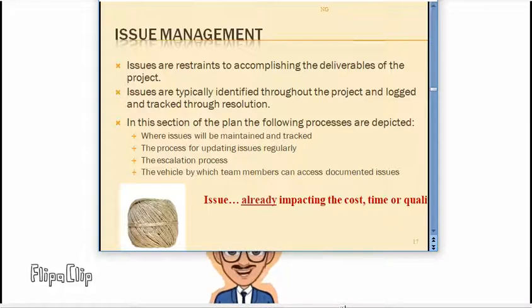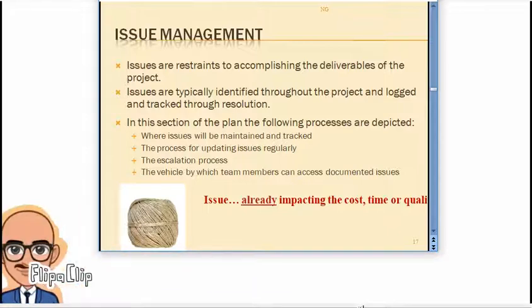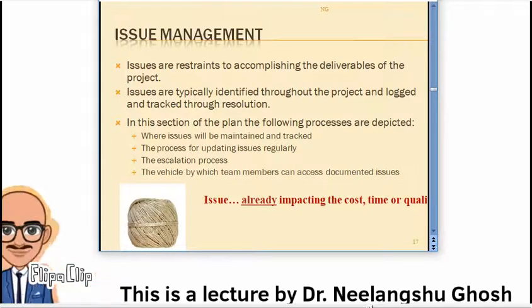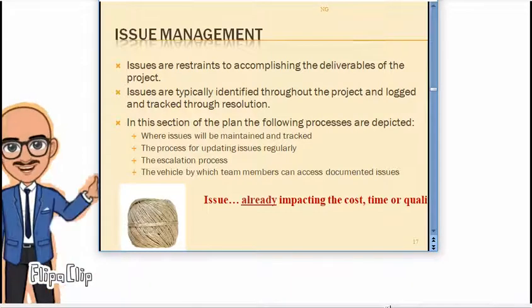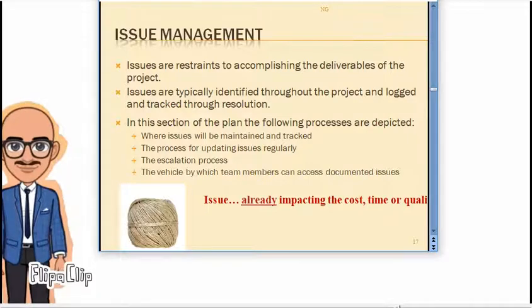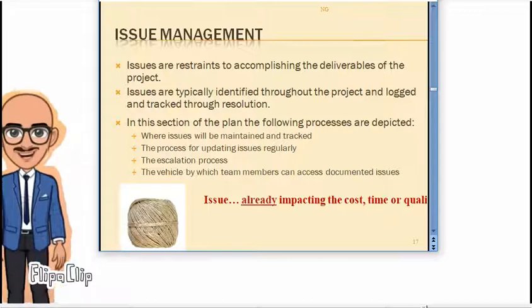Then as the project progresses, you have to look whether similar obstacles, some loggerheads, are coming up or not, and you have to be prepared before they actually appear in the project.